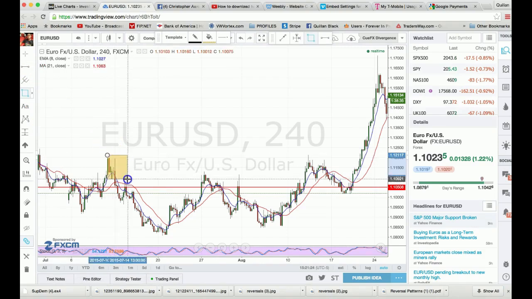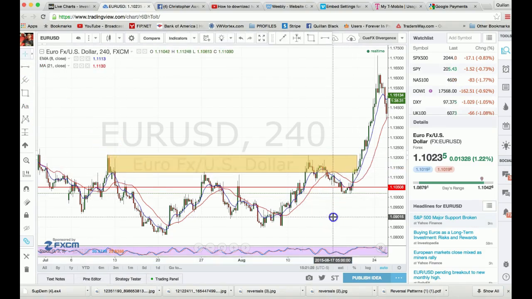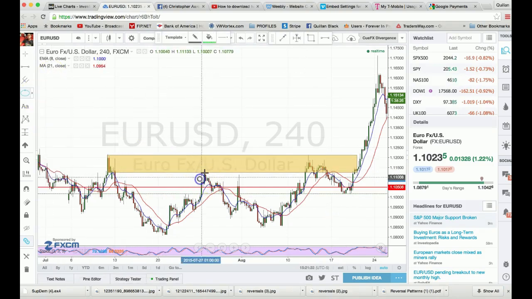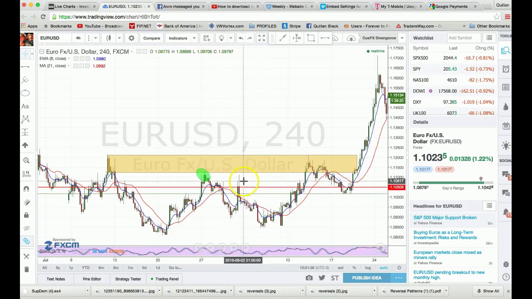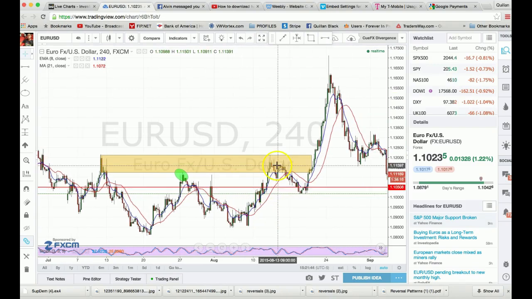Once again, previous wick, breakout candle's body. Came over. As you can see the touch. One. And the more times it touches, the weaker it gets. So the first touch is always the most important because more than likely it's going to get rejected the first time it tries to touch it.